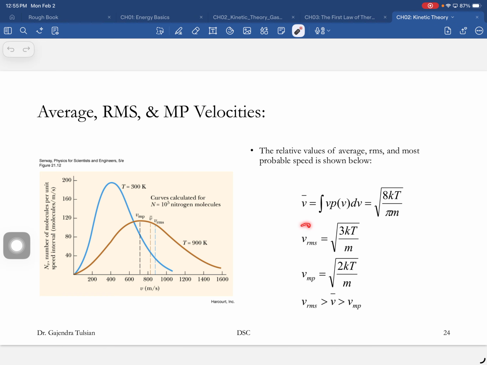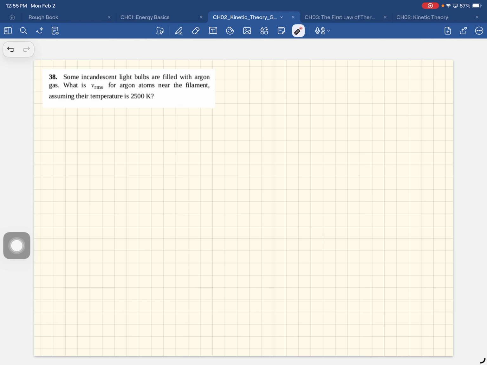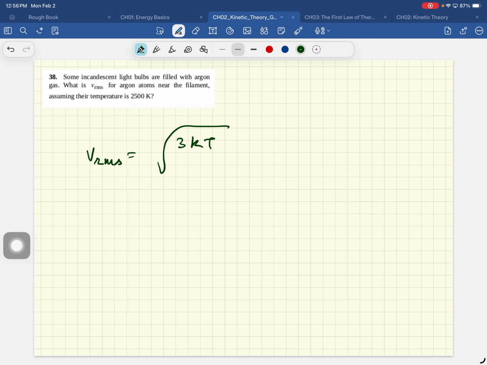All right, the gas constant is 8.314 joules per mole per Kelvin. The temperature is 2,500 degrees Kelvin. And the molar mass, what's the molar mass for argon?